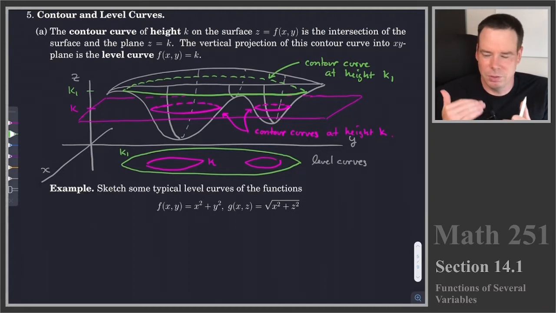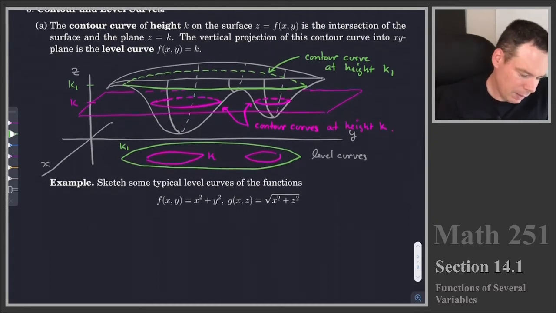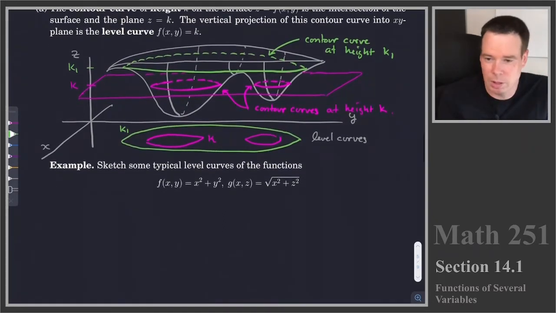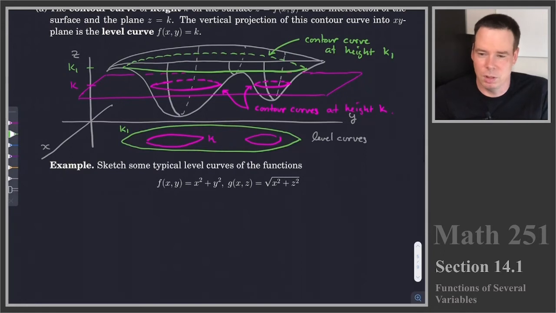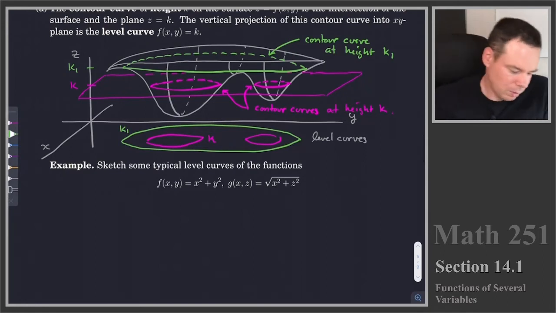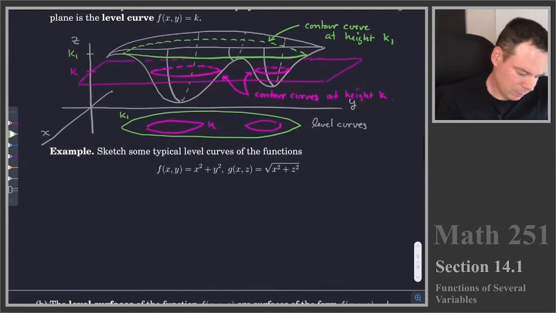So those are telling you the elevations. Those are exactly what level curves are. They are curves all drawn in the plane where they're labeled with the appropriate height that they came from as a contour curve. And that helps us, for example, like topographical maps, that's a two-dimensional way to view a three-dimensional object. And we will use these kinds of ideas to analyze and understand functions of multiple variables.